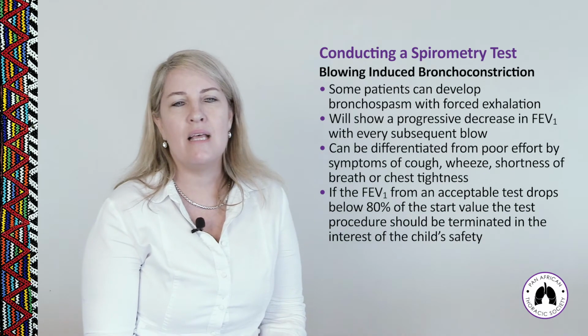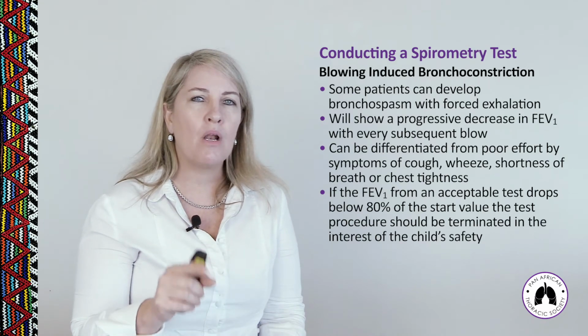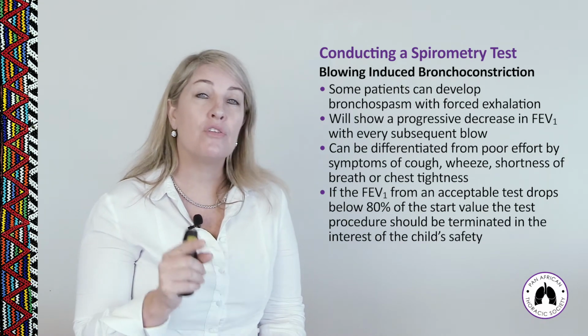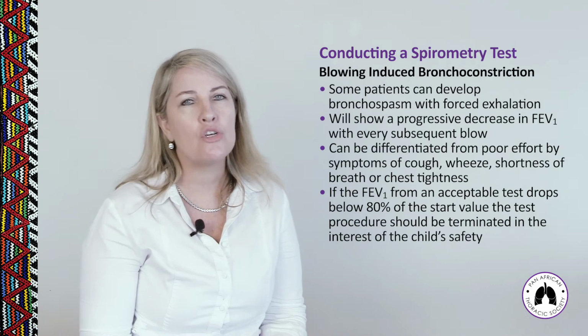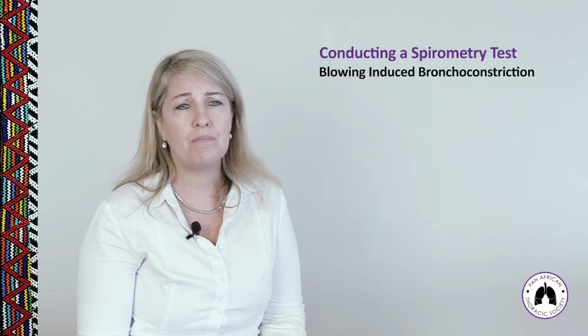And what the guidelines say is that if the FEV1 from an acceptable test drops below 80% of the start value of the test, the procedure should be terminated in the interest of that child's safety.